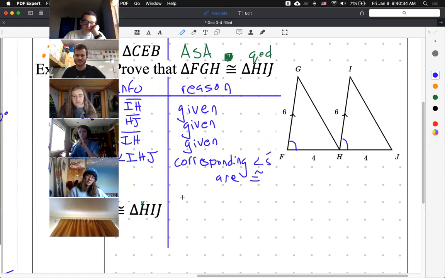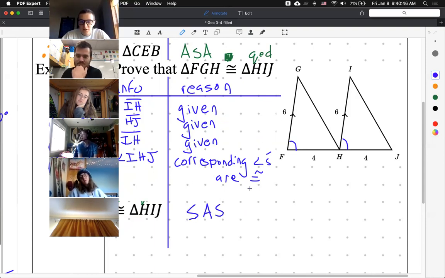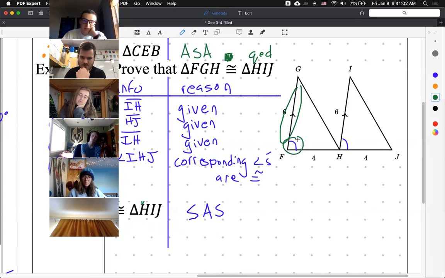Would it be side-angle-side, SAS? SAS. Why? Well, because we know that line segment GF is congruent to IH, and we also proved that angle GFH is congruent to IHJ, and then line segment FH is congruent to HJ.